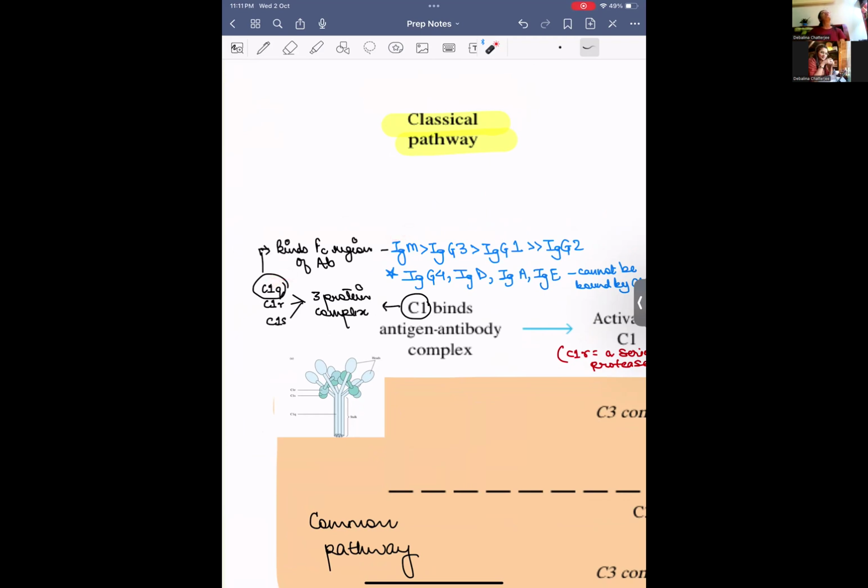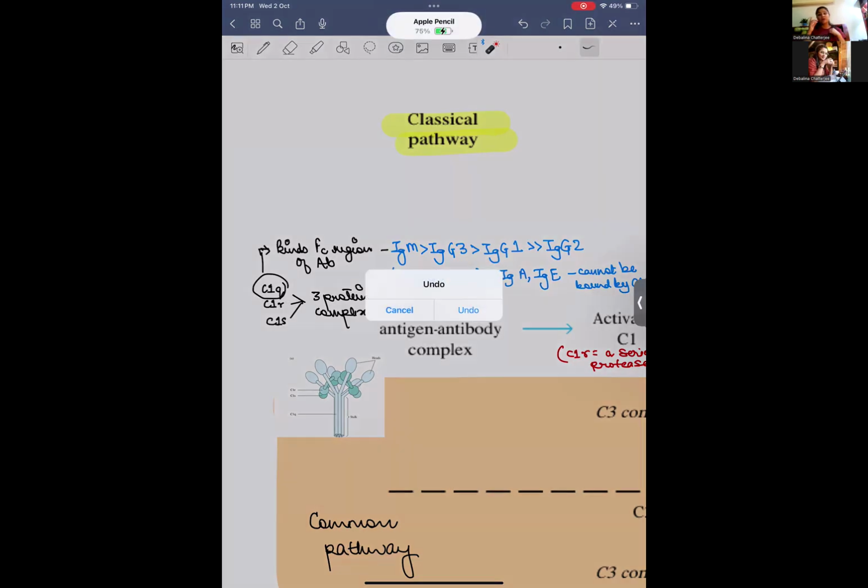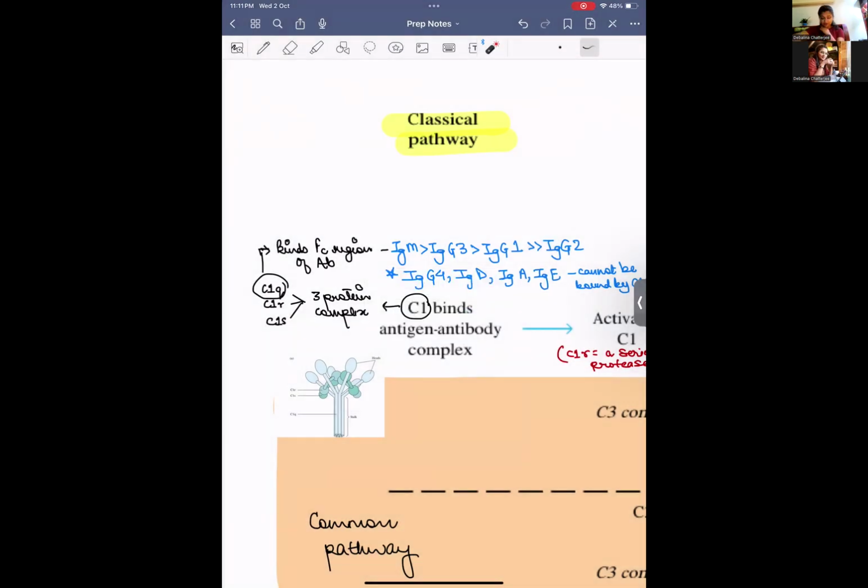Now, if we try to bring things together, this is again for you to appreciate how the systems are linked. Which one is the first antibody molecule that is produced in the primary response? The IgM molecule. And the IgM molecule also has the highest binding affinity to the C1q molecule.